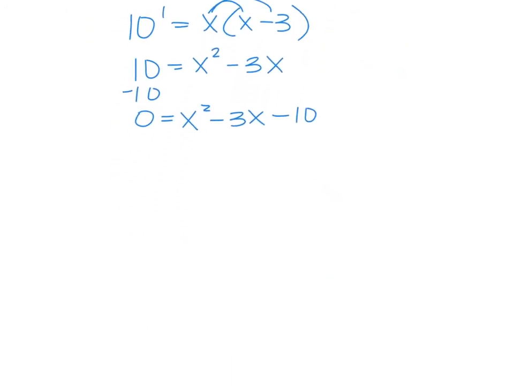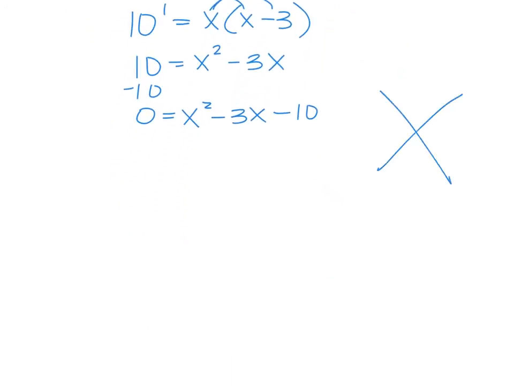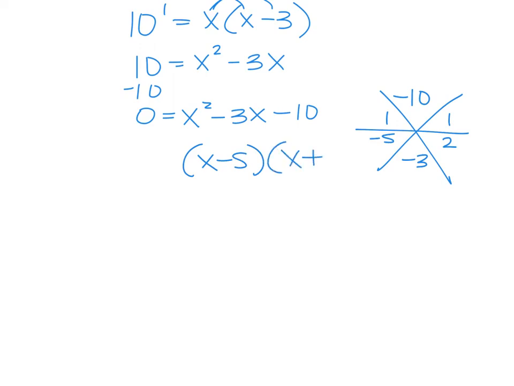Do you remember how to factor this? Star method. So what can you multiply to get negative 10 that you can add to get negative 3? Negative 5, positive 2. So you get (x minus 5)(x plus 2).